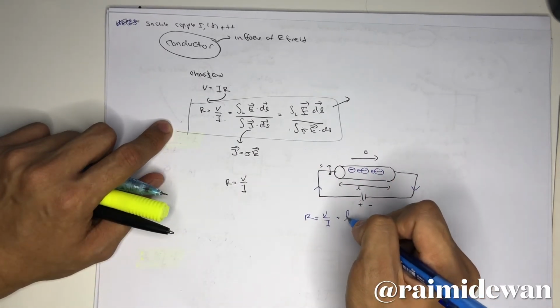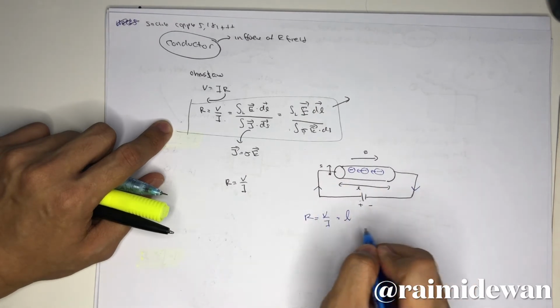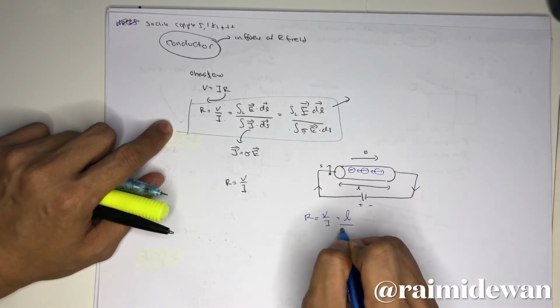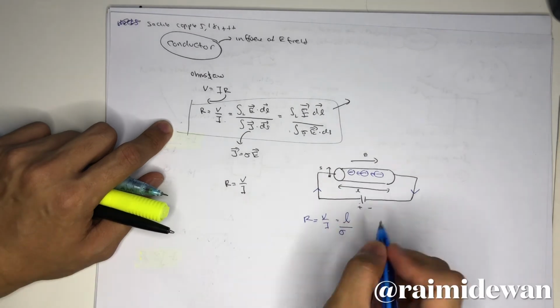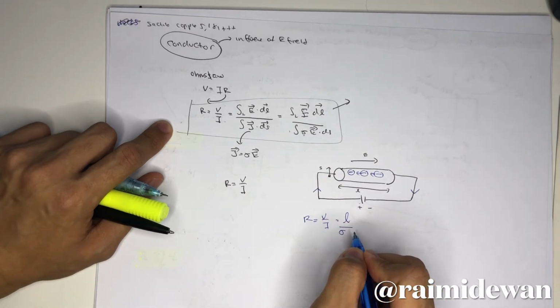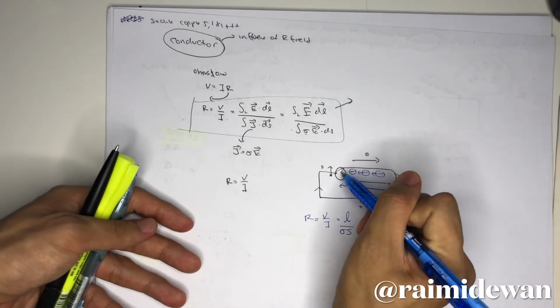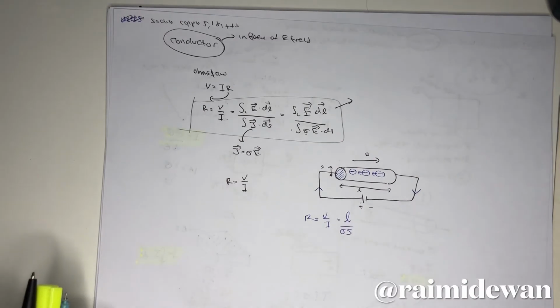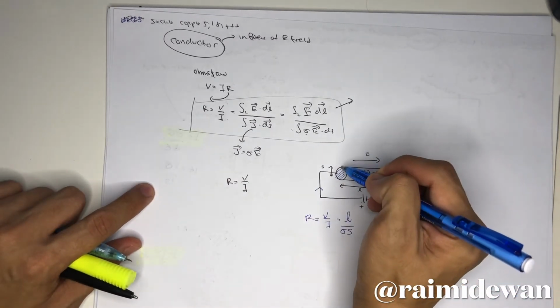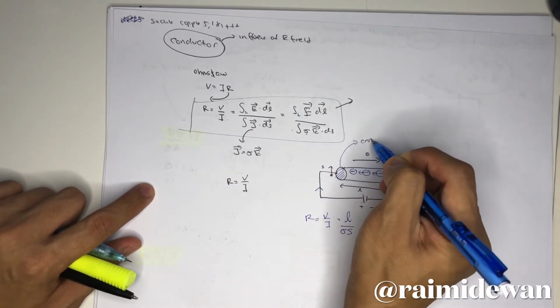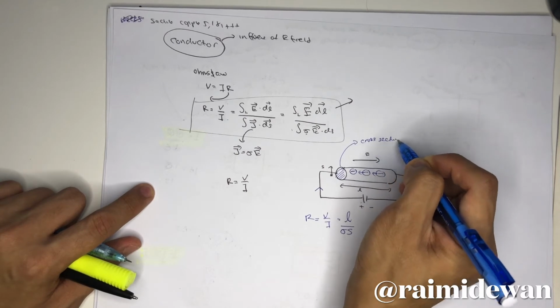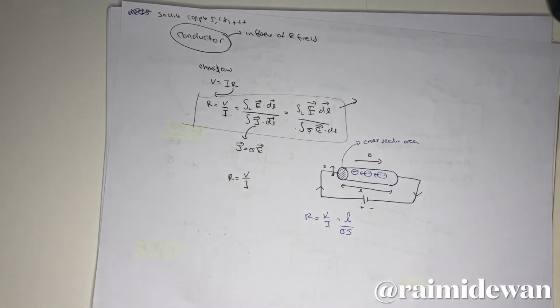Then you have your L, the length of this conductor. Then you have your conductivity, and also you will have your S. S is the surface, the cross section area.